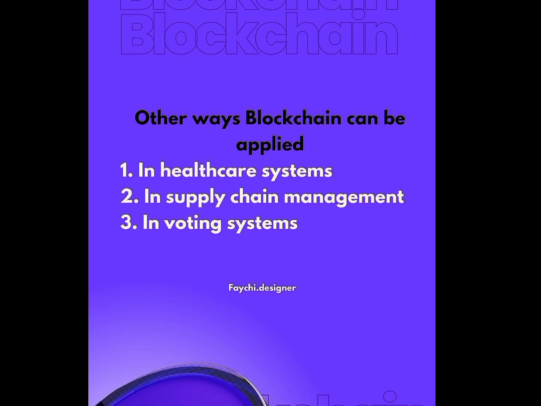You can see blockchain in healthcare systems to manage medical records and track prescriptions. You can see it in supply chain management to track goods and for verification. You can see it in voting systems to secure voting and verify election results. So these are just a few examples of where blockchain can be used.